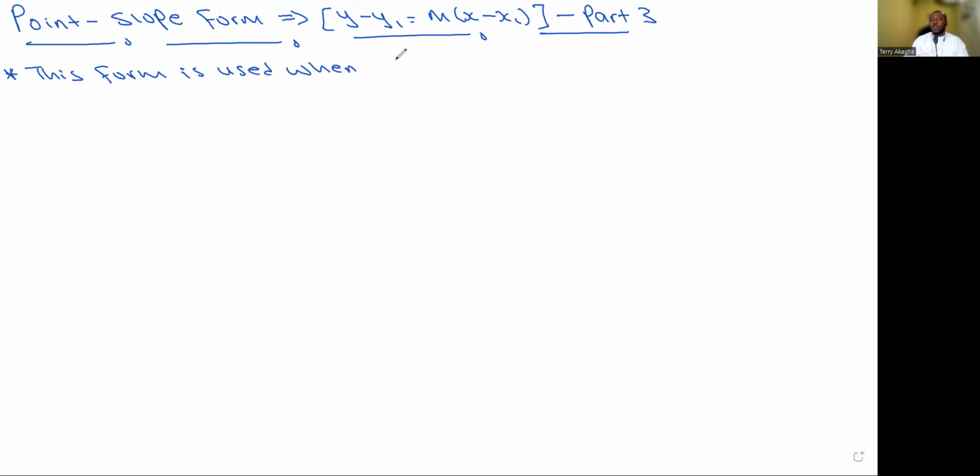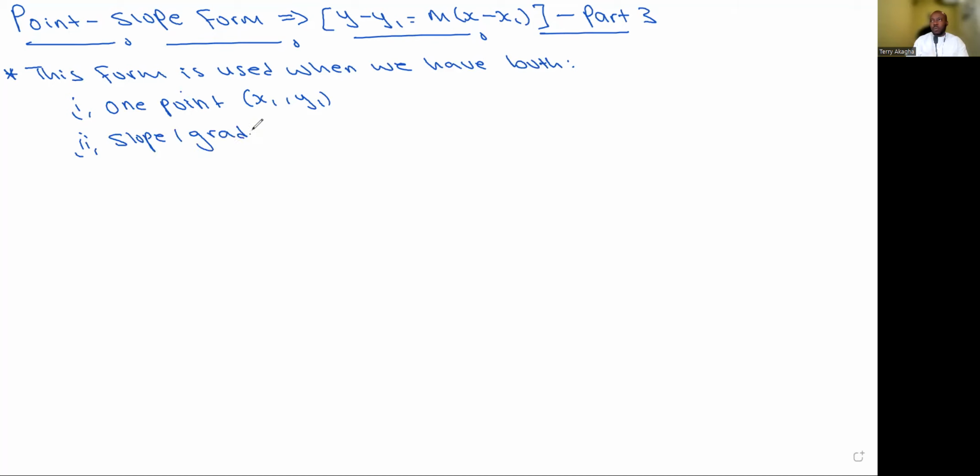So that means one point was given, that is your x1 and your y1, and also you are given the slope or gradient, which is the m. So if the question gives you just one point, the x1, y1, and a slope, then you have to use this, which is y minus y1 is equal to m times x minus x1.